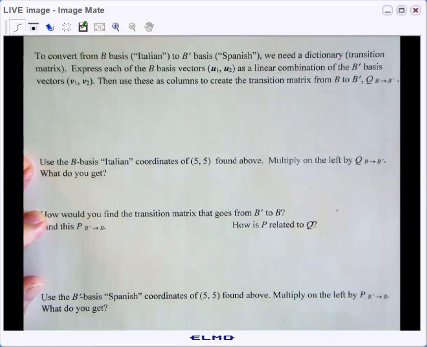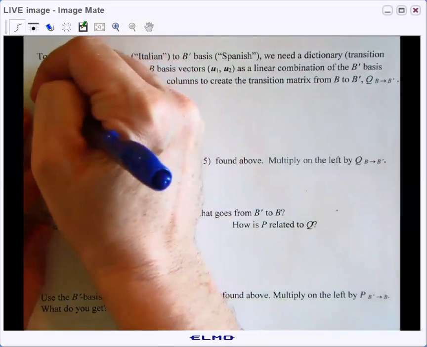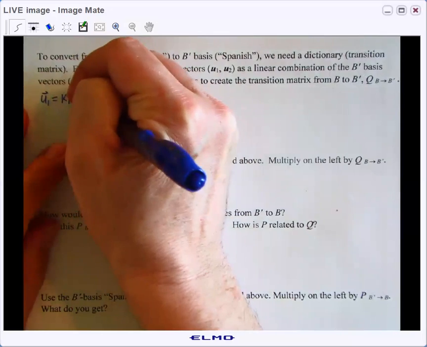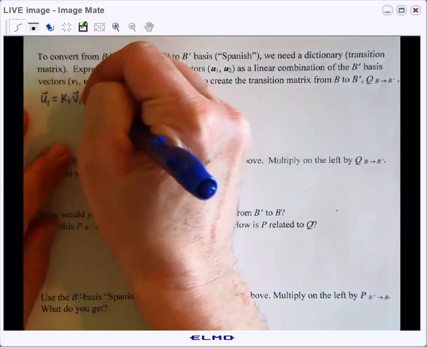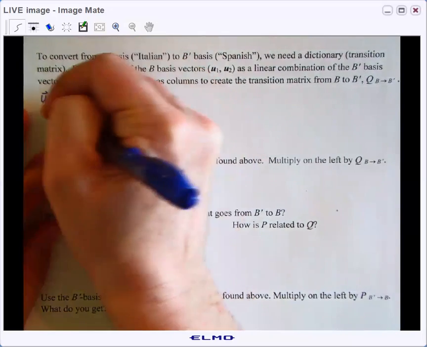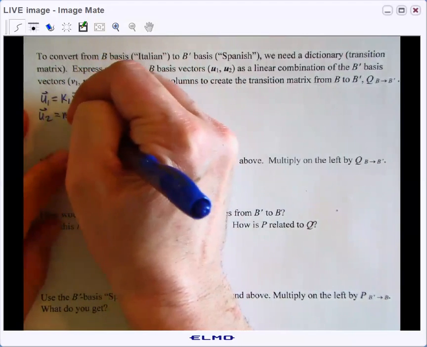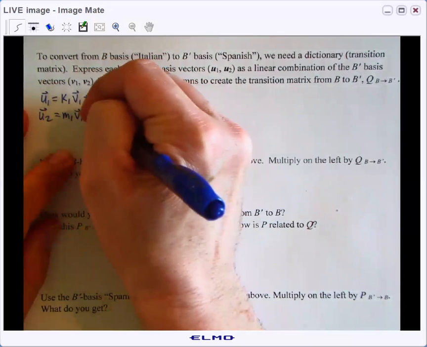So we're going to take U1 and write it as some linear combination of V1 and V2, and U2 we'll write as some other linear combination of V1 and V2.